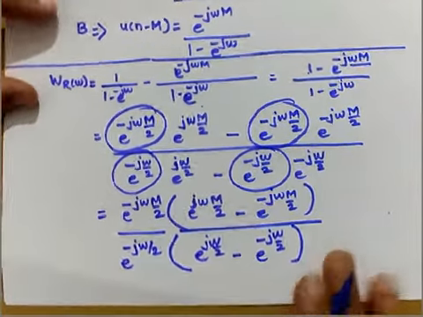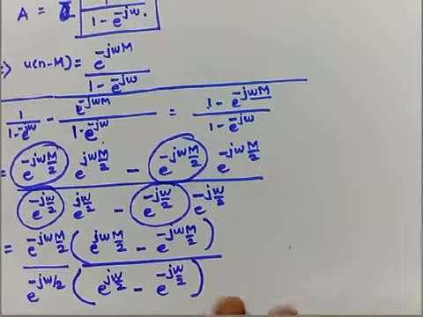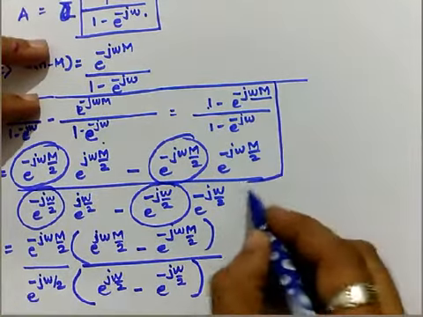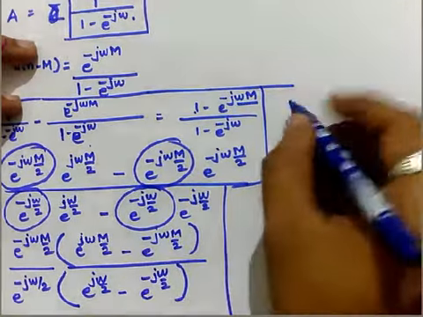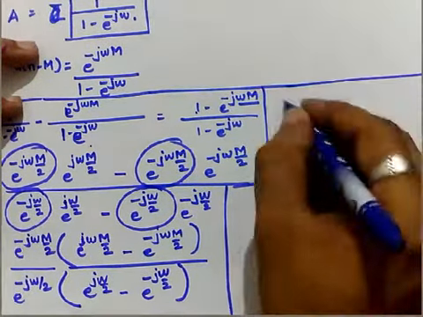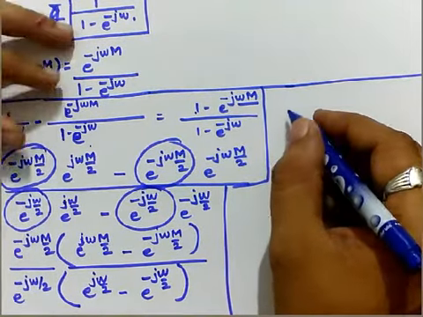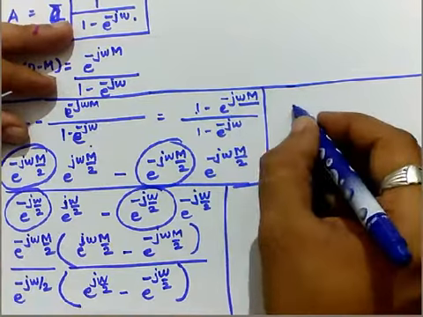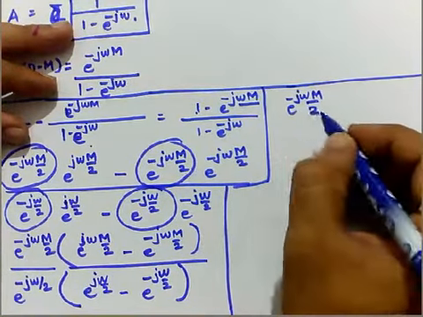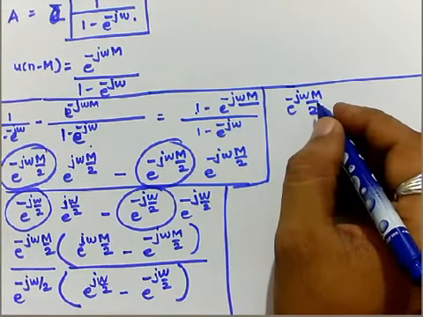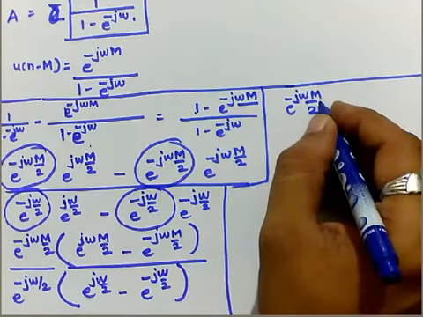After solving it further, let's apply it here. So this will be e raised to minus j omega m by 2. Let's multiply it by 2j and divide by 2j.